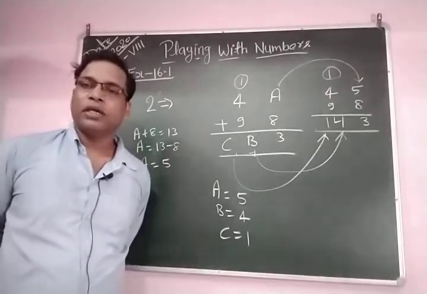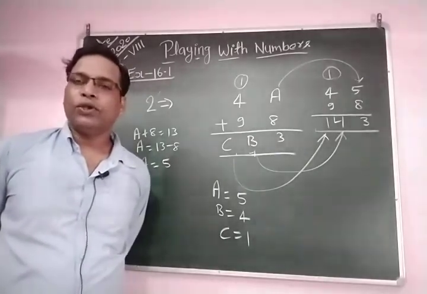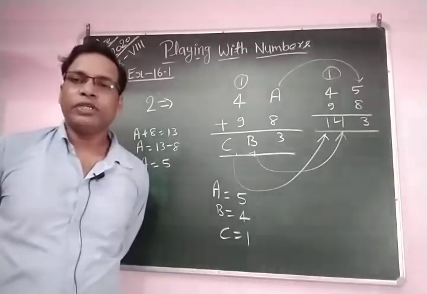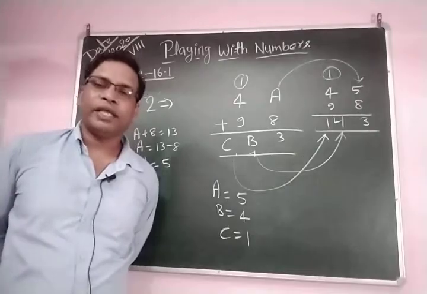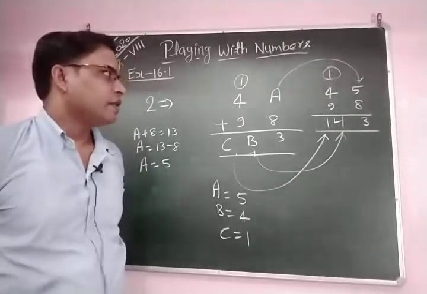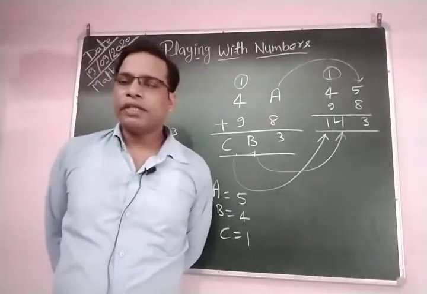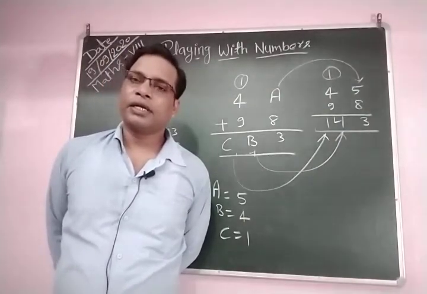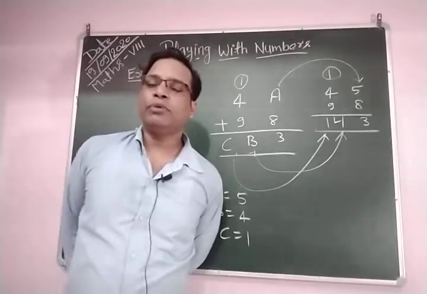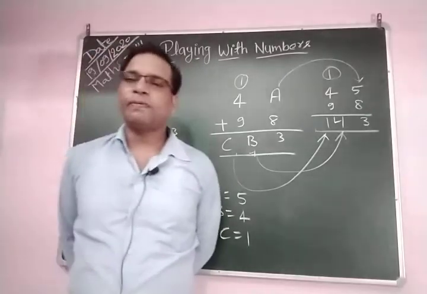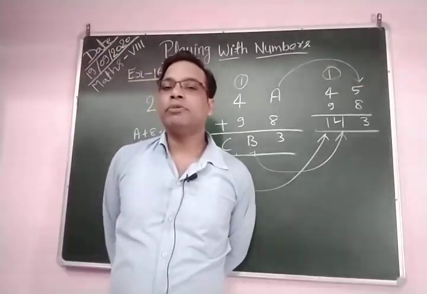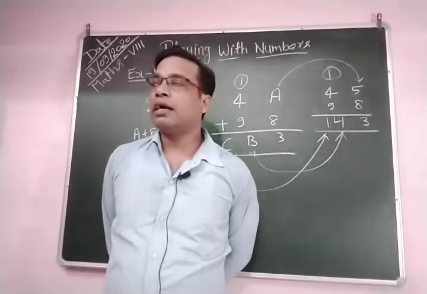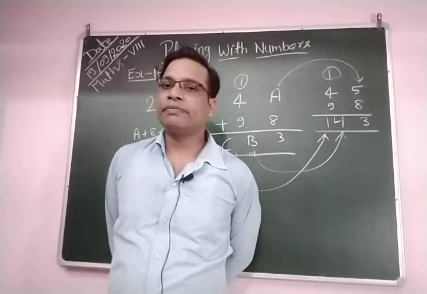In this question we have 1A into A, this is equal to 9A. So here we need to find the value of A, this letter A. Which letters, when we multiply them by themselves, give the same letter back? You can say 0: if you multiply 0 by 0, you obtain 0. Also if you multiply 5 by 5, the unit place digit is 5.